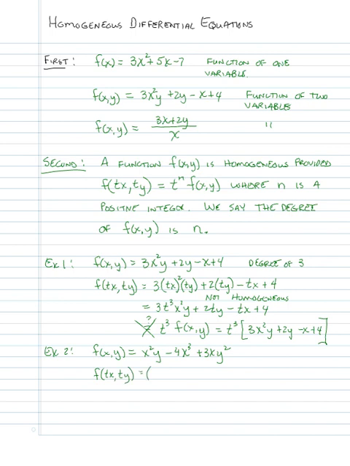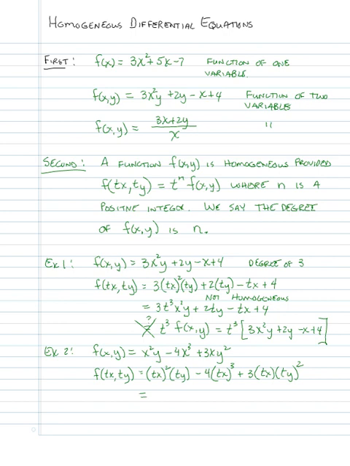And so we end up with, instead of x squared, t times x, that product squared. Instead of times y, we'll have ty, minus 4 times x cubed, but x is being replaced with tx, so we have tx cubed, plus 3 times x, but x is replaced with tx, times y squared, but y is replaced with ty.